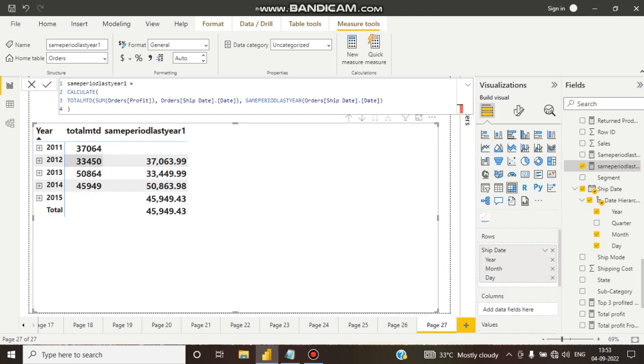It is 2012 33,450, and here you can see it is comparing with previous year 2012 data, 33,449. Like this, 50,864 of 2012 it is comparing with 2014. Here you can see previous year 50,863. Like this, the comparing is going on.